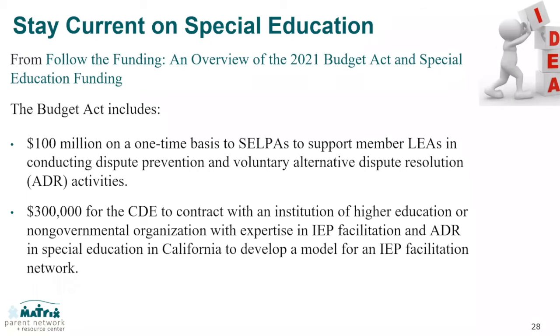What we like to say is that all IEPs should be a facilitated IEP, meaning that there's someone who is keeping things on track, keeping the most appropriate needs of the child front and center, and not allowing conflict to get in the way, or if conflict does arise, to mediate that conflict. As I said, not all school districts offer this, but in the coming years, hopefully they will. So that's what this $300,000 is for.